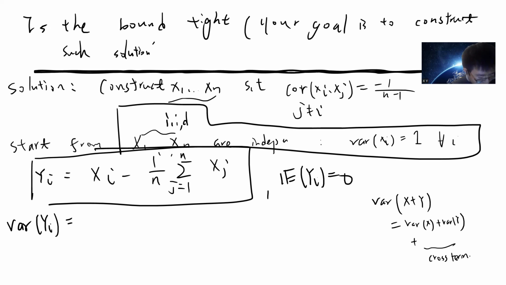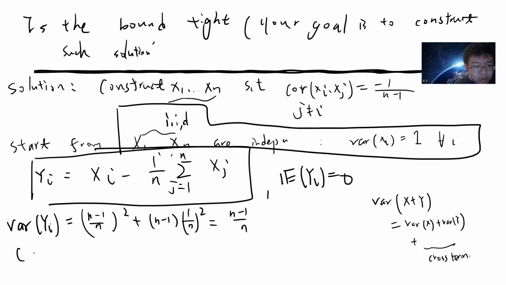A little bit tedious, but you can check it should be like a -1 divided by n squared plus a -1 divided by n squared, which is a -1 divided by n. So you need to check this computation, but it should not be difficult.